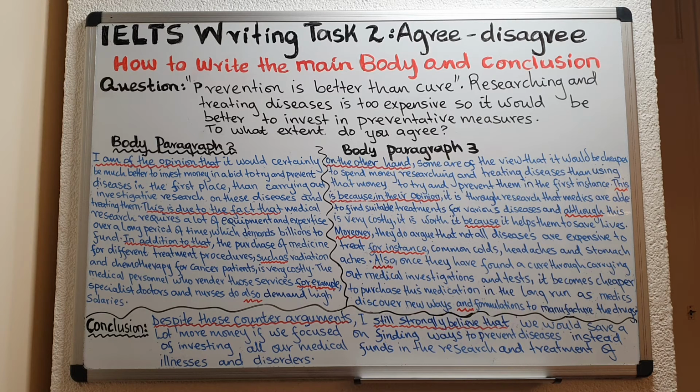So I still very strongly believe that we would save a lot of money if we focused on finding ways to prevent diseases instead of waiting until people are sick and then we start doing research and treating those diseases.